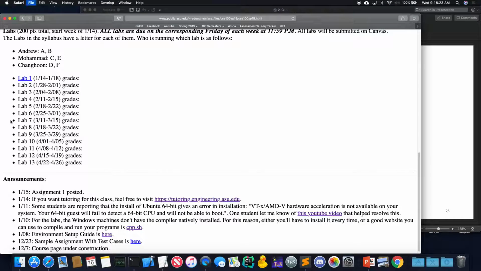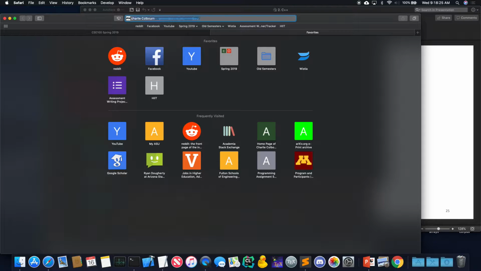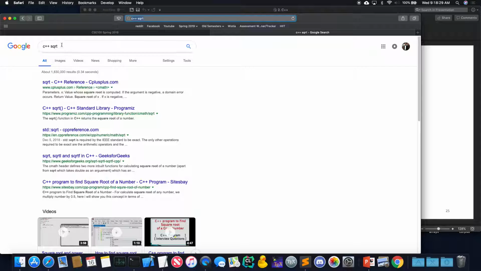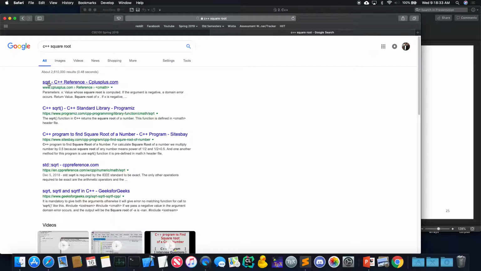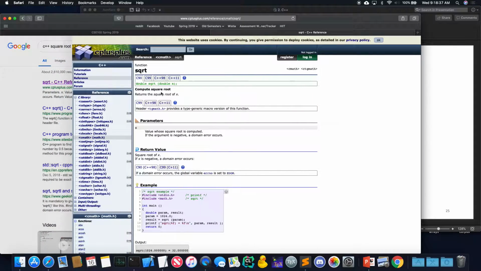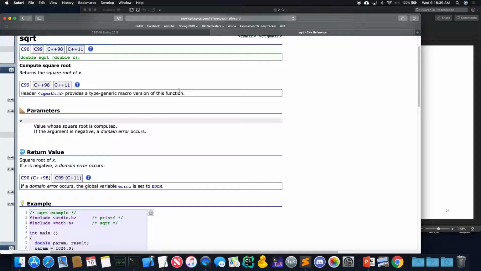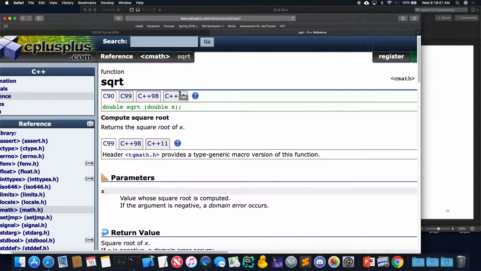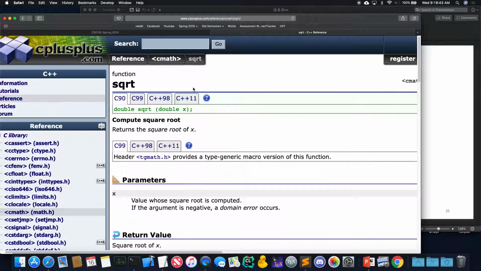So let's look up on the web. Let's look up C++ square root. I should not have "square root" there, but okay, so I see this example up here. And then let's look at the information that it gives us. We haven't covered all of this information, and you may not be able to read all of this, but let's try to discern what happens.